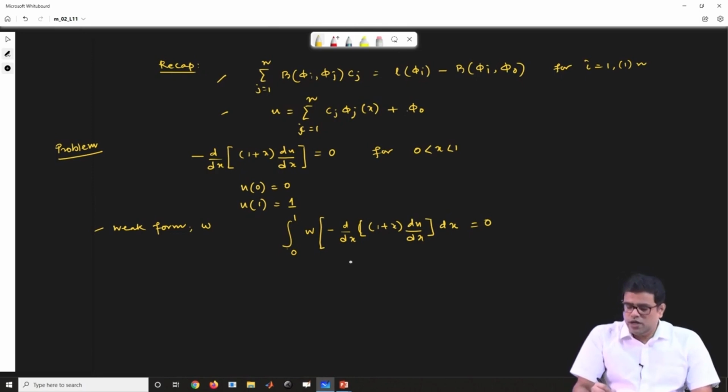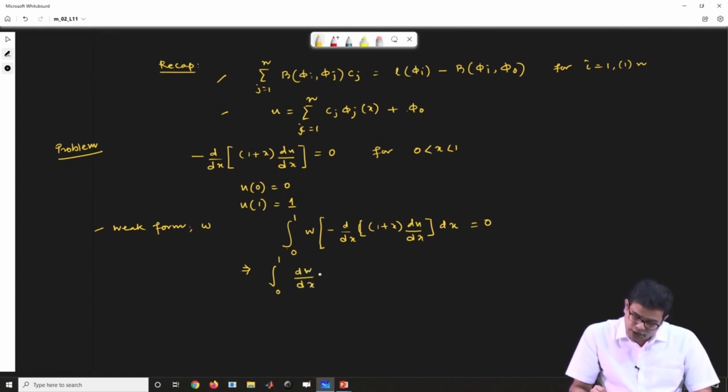Now if I do integration by parts of this equation with the weight function w, it will look like this: integral 0 to 1, and the minus sign results in a positive sign, so dw/dx into (1 plus x) into du/dx into dx.